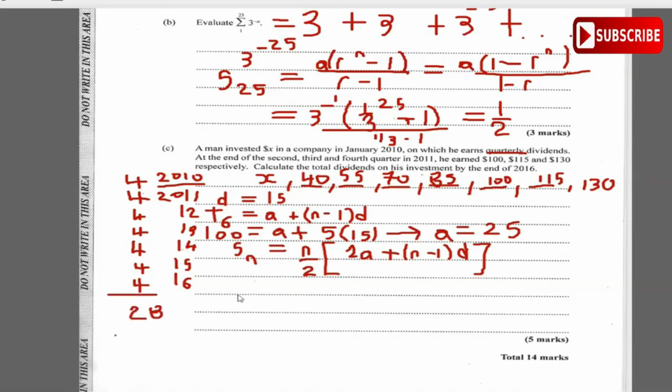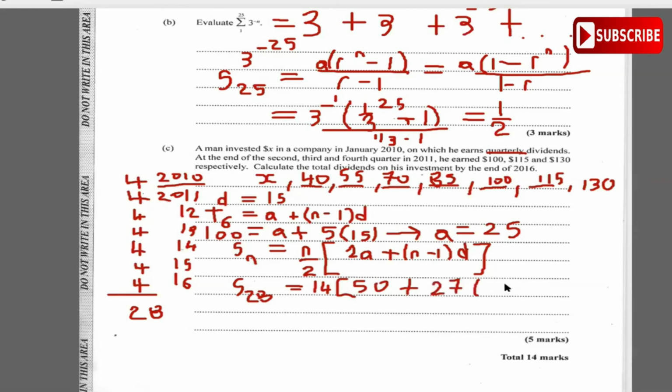So we're finding S28. S28 is equal to 28 over 2, which is 14, times (2 times a, which is 2 times 25, so 50, plus (n minus 1), which is 27, times d, and d is 15).